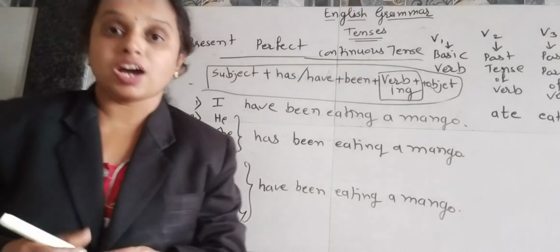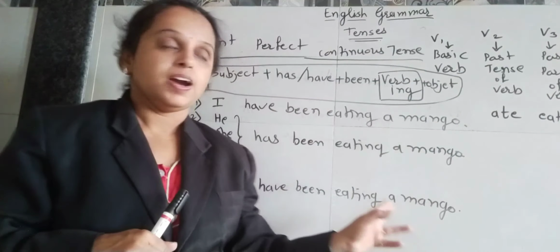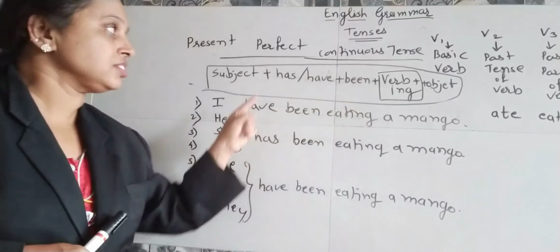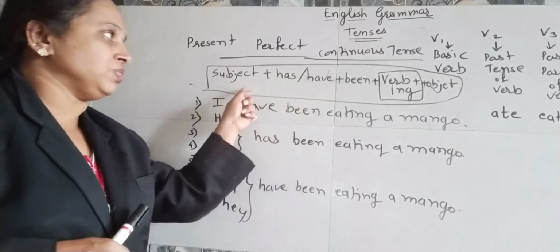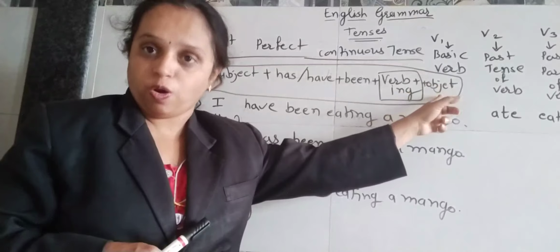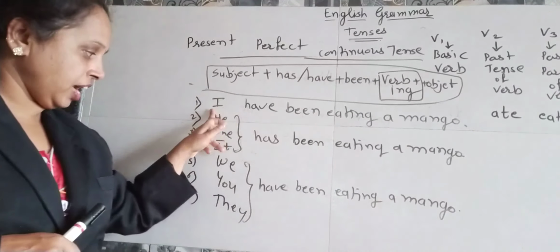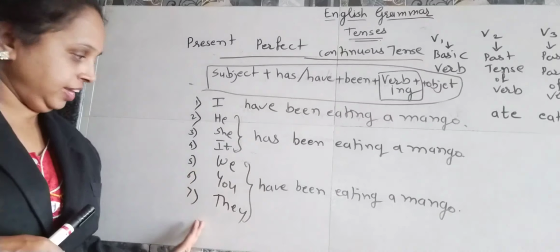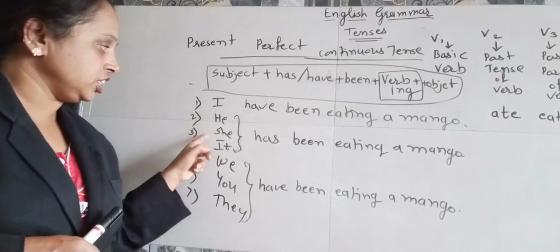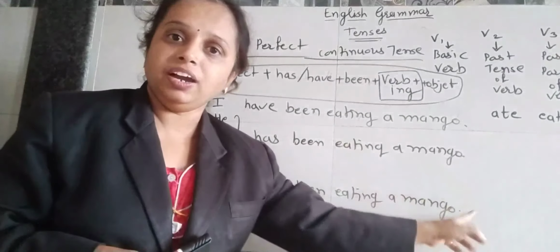So this is how we have learned about the present perfect continuous tense. What is the formula? Subject, has or have been, plus verb plus ing, plus object. For I, we, you and they, have been eating a mango, and for he, she, it, has been eating a mango.